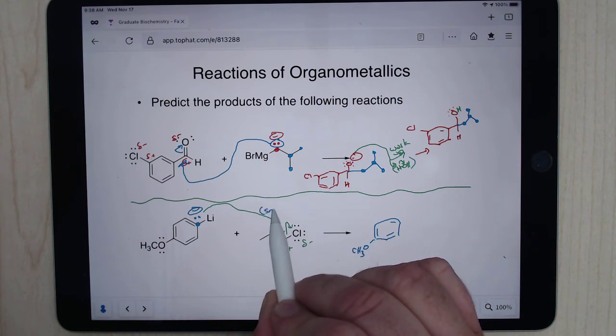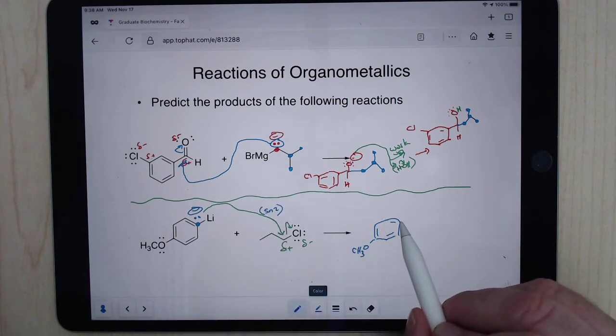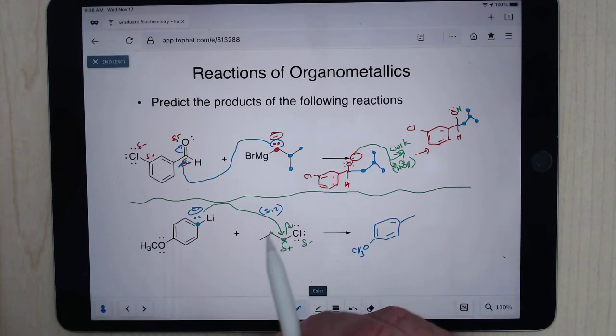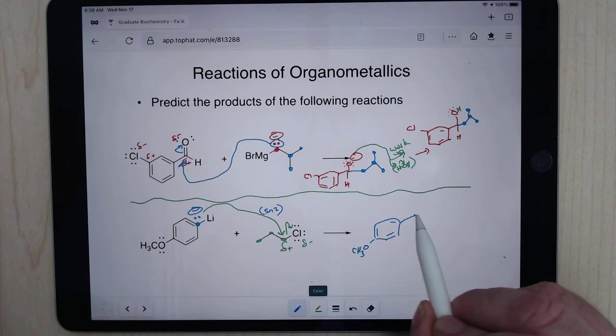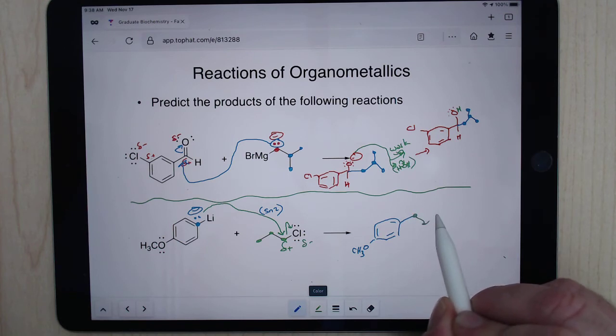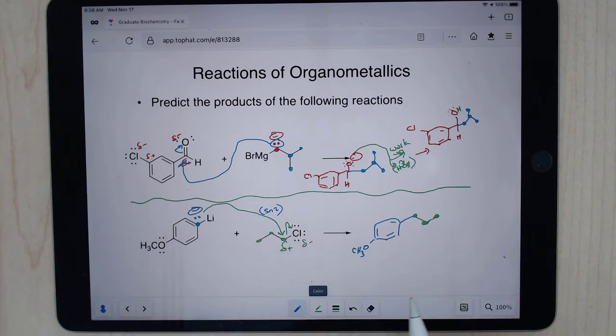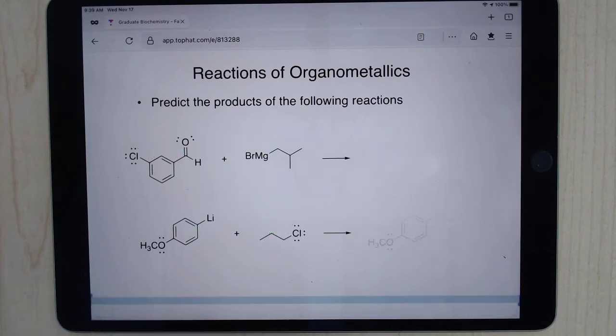Right, it's just SN2. And then you've got this propyl group, plus lithium chloride. Not too bad, right?